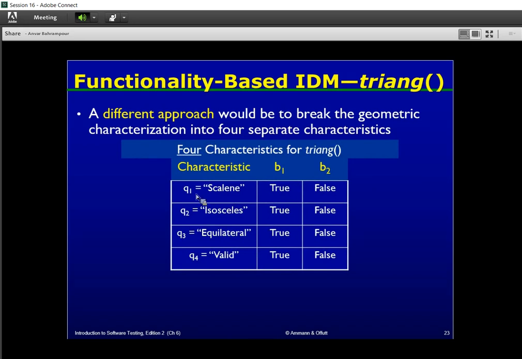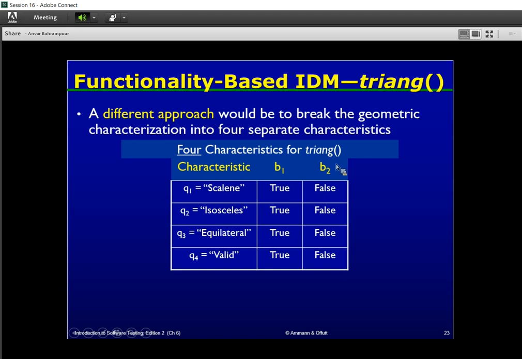There is a different partitioning in this slide, which considers the characteristics of each type of triangle. We have 8 blocks.